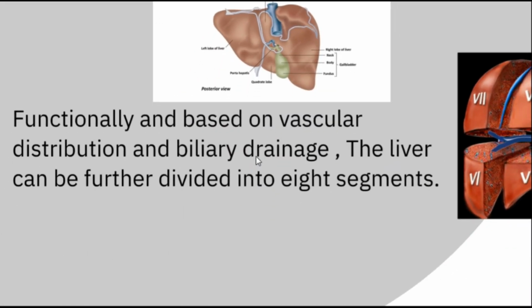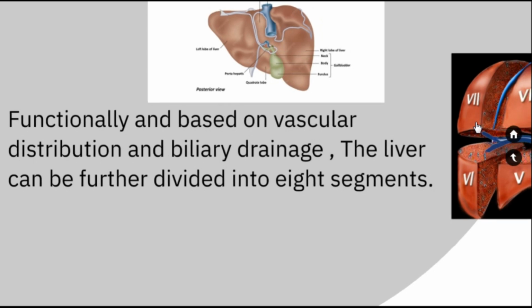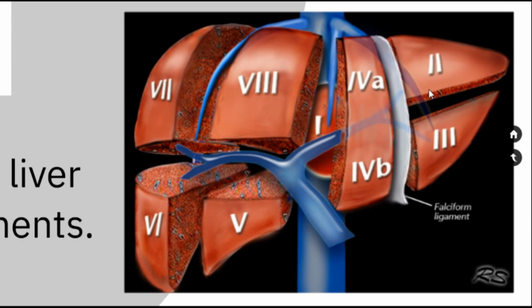But based on the functional anatomy, not the external anatomy, and also based on the biliary drainage and the vascular inflow and outflow, we can subdivide the liver into the 8 segments, with the help of the hepatic veins.